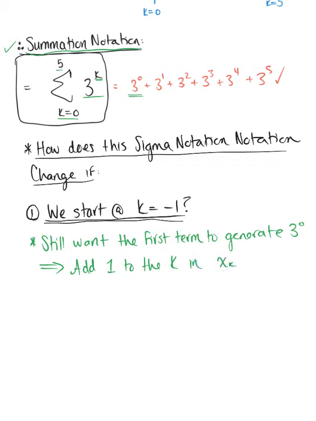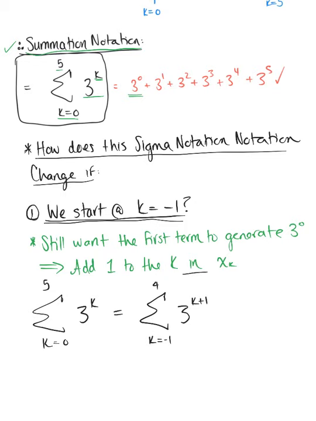So what do I mean? I mean that we can take that answer we just found, the sum from k is 0 to 5 of 3 to the k, and we can rewrite this in an equivalent form, the sum from k is negative 1 to 4, and the general formula, because we decreased our lower limit, the k in the general formula has to increase proportionally.